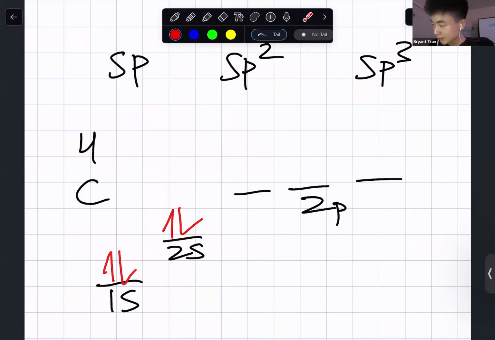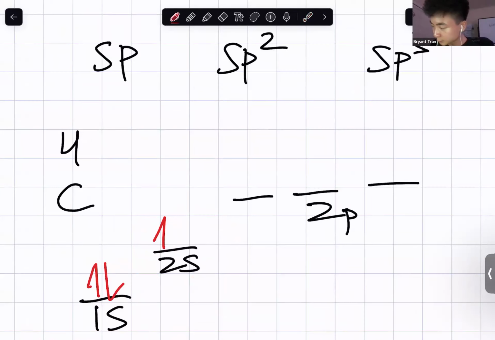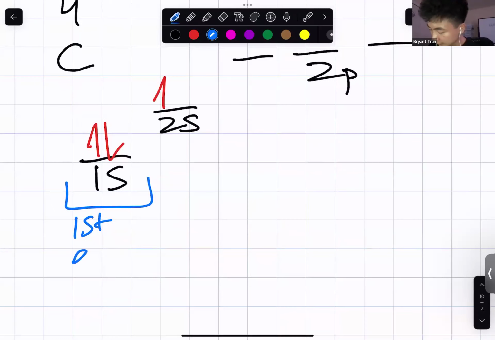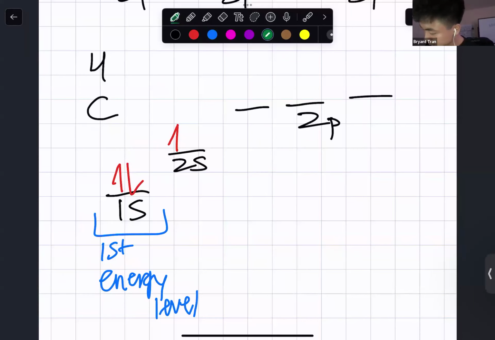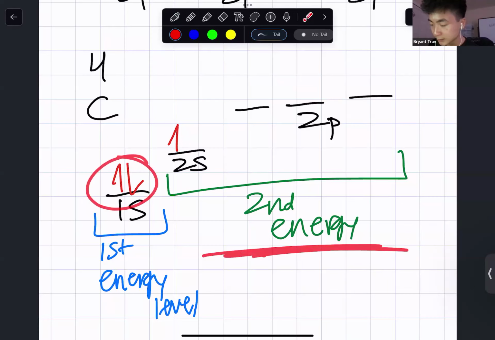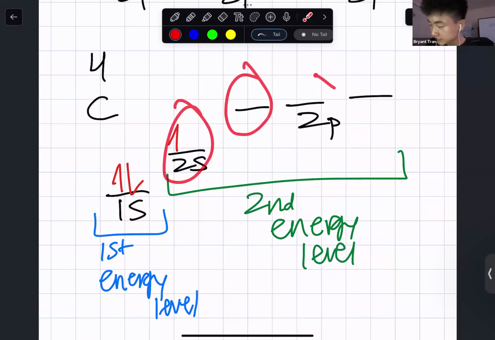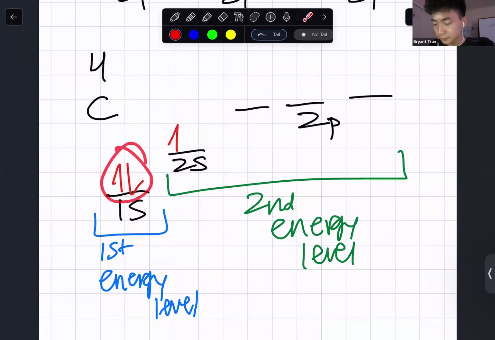Oh wait, we don't fill 2s yet, because think of 1s as the first energy level, and 2s and 2p together as the second energy level. We said the first energy level has a maximum of 2 electrons, and the second energy level has a maximum of 8 electrons, right? 2, 4, 6, 8. So we already filled up the first energy level.